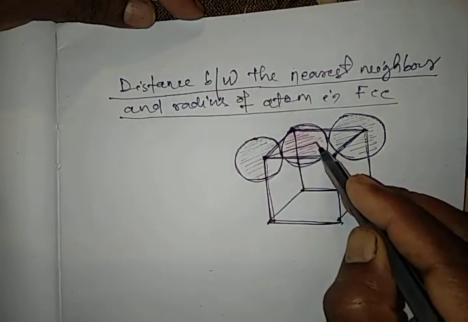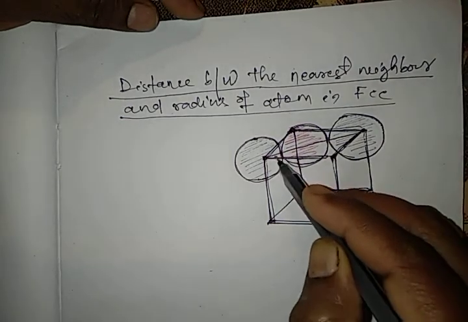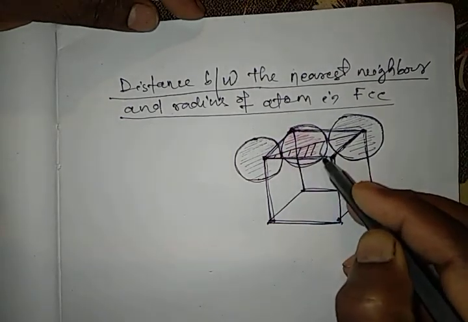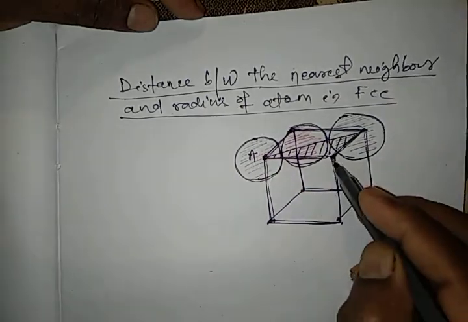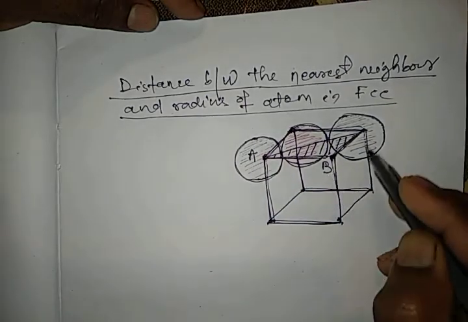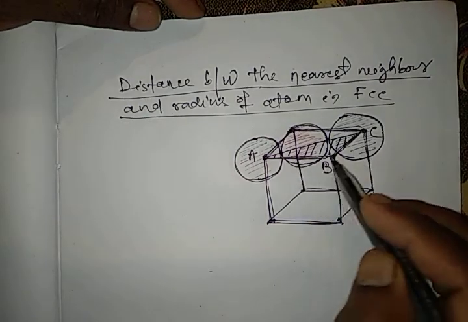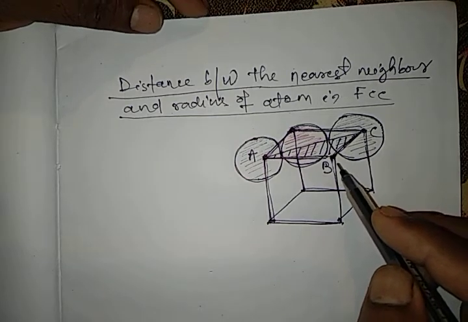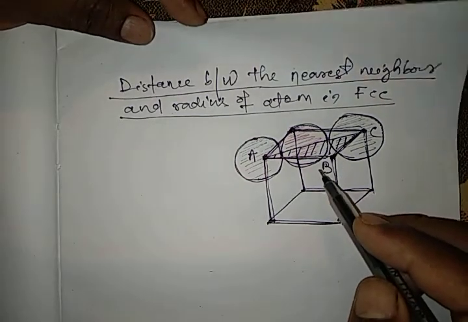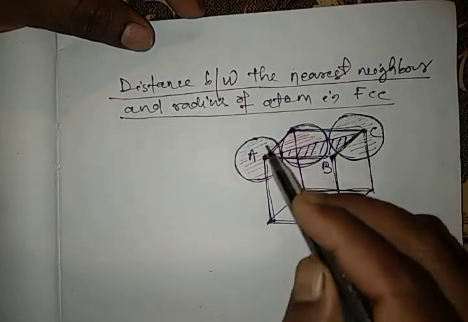We have to join this corner with this corner, then we will get a right angle triangle like this. Suppose this corner is A, this is B and this is C. So we are getting triangle ABC, and here we have to find the distance between two nearest atoms.